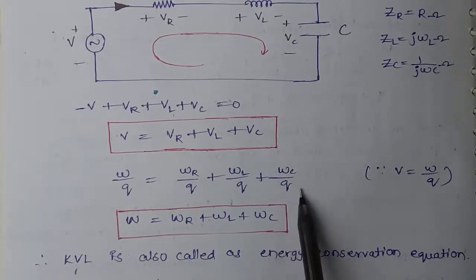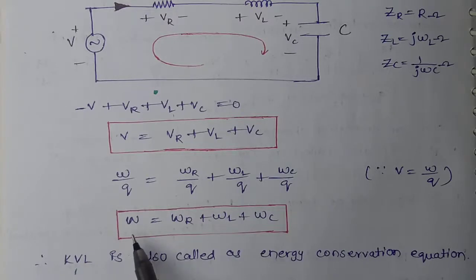If I cancel out the Q on both sides, we get W is equal to WR plus WL plus WC.